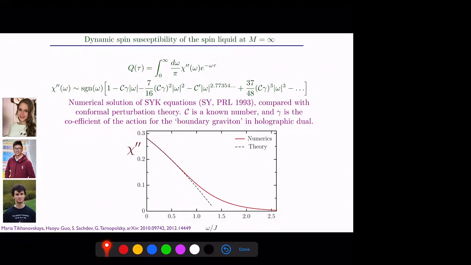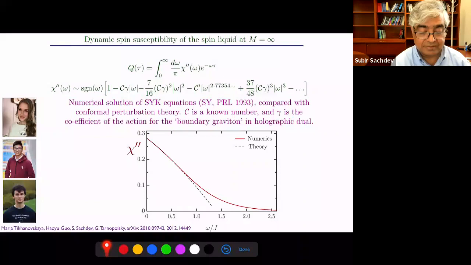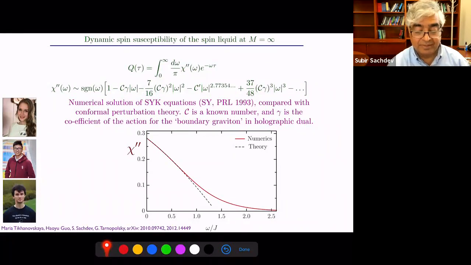It's the Schwarzian action that in the spin susceptibility at large N gives you this correction. All of this is present both for the SYK and this spin model. The red line is the numerical solution of the SYK equations, and the dashed line is this particular expansion that we've determined in this paper.